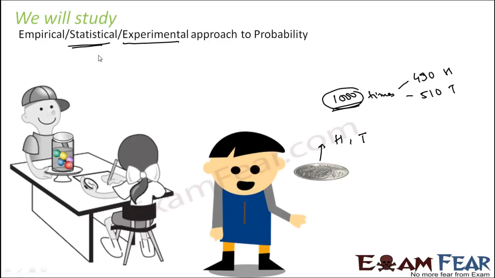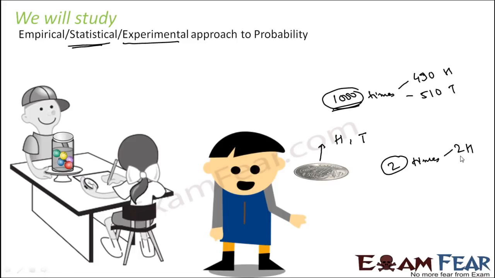And I'll tell you why we need to perform this experiment so many times. For example, if I want to find the probability of getting a head or a tail, and we perform this experiment only 2 times, what if both times I get heads?